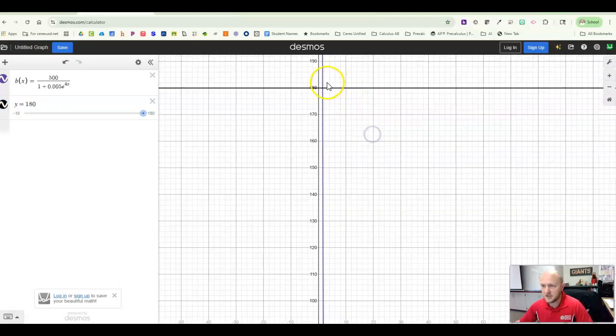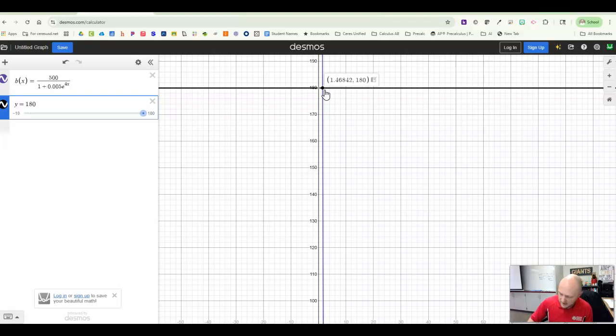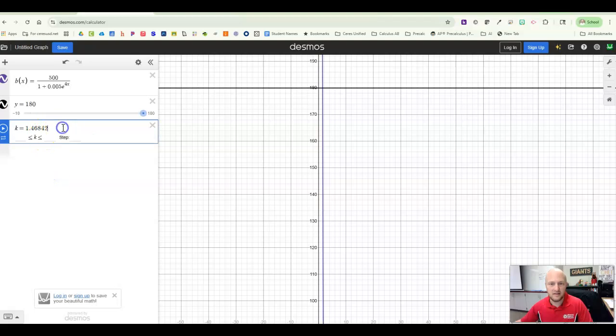And their intersection will be your value of k. So there is k. Now what I want you to notice is k has a lot of decimals, 1.46842. You can take this value, copy it, and say k equals that value.